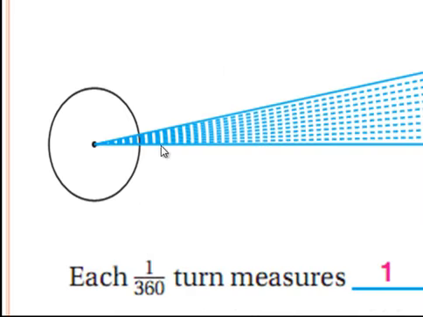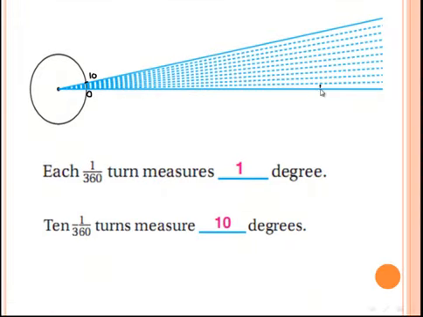If you look from 0 to the first point that you have seen, 10, you can see the first degree, the second degree, the third, fourth, fifth, sixth, seventh, eighth, ninth, 10. That is 10 degrees, and every part of them measures 1 degree.